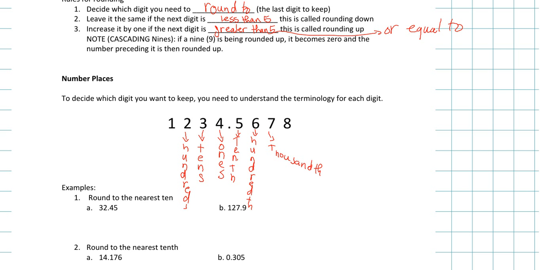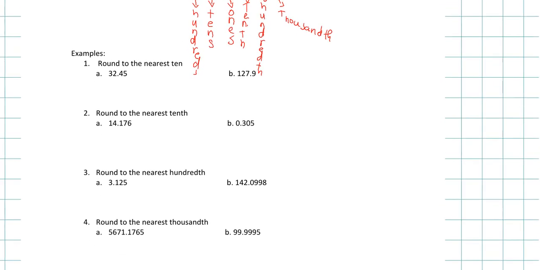What's after the 3? A 2. So do I round the 3 up or do I keep it the same? So what would this equal? 30. It's 30 because it's to the nearest 10. So 32, you have to think about it this way: 32 is closer to 30 or 40? 30.